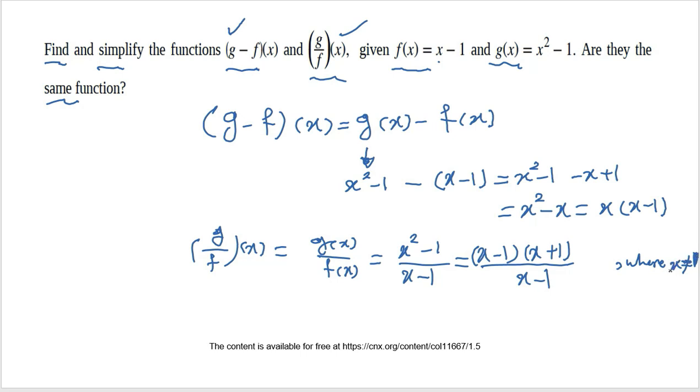So before simplifying we need to say that x cannot be 1, otherwise we're not allowed to simplify. So the answer is x plus 1. So x plus 1 and x times x minus 1 are different, not the same.